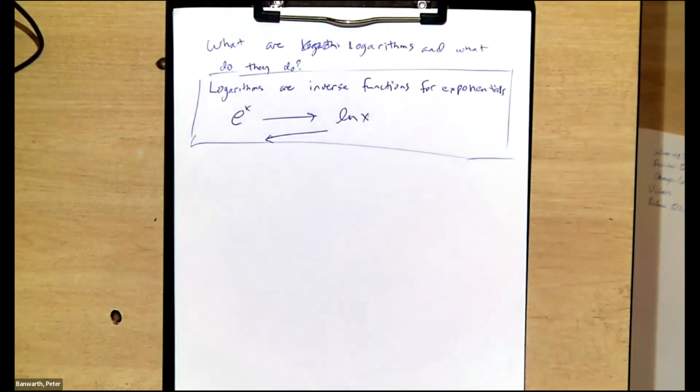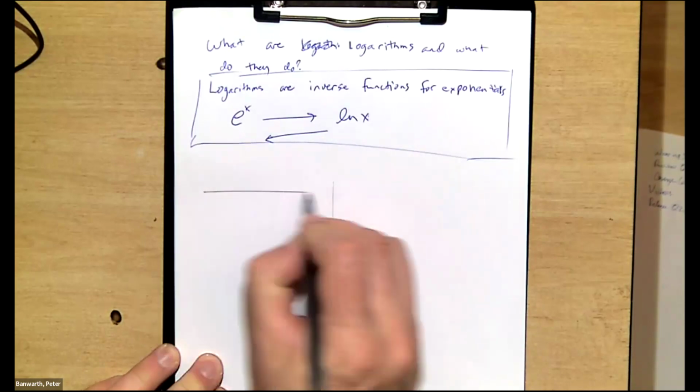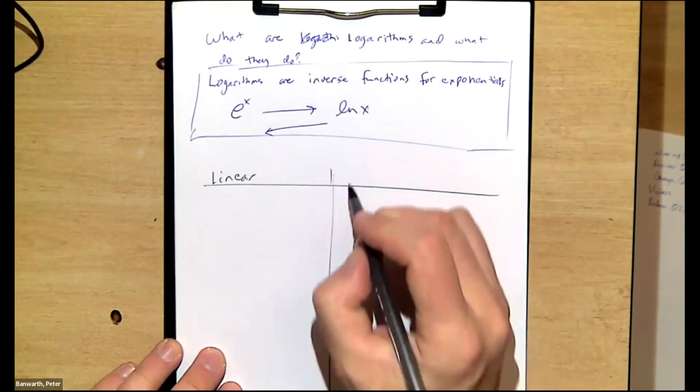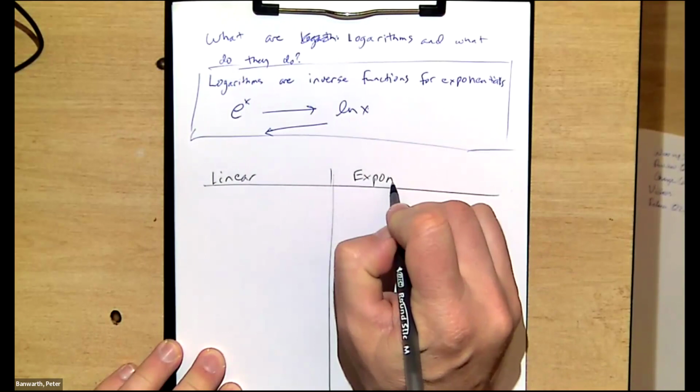They undo exponential functions. And what's interesting about them, and the reason I started with comparing linear functions to exponential functions, I'm going to write part of the table again. Here's linear. Here's exponential.